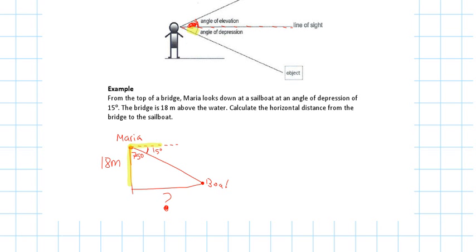If you look at my triangle now, I know this is 18, and I know this is 75. I'm looking for this. Do you understand this? That's 75, and that's 90 minus 15.